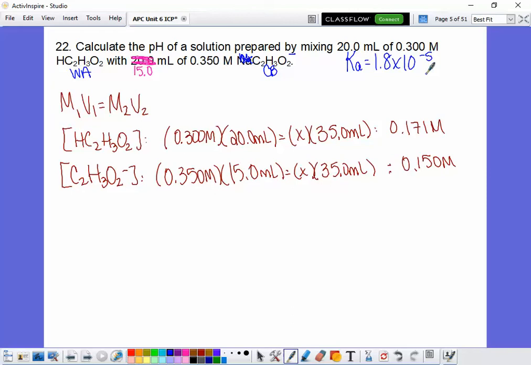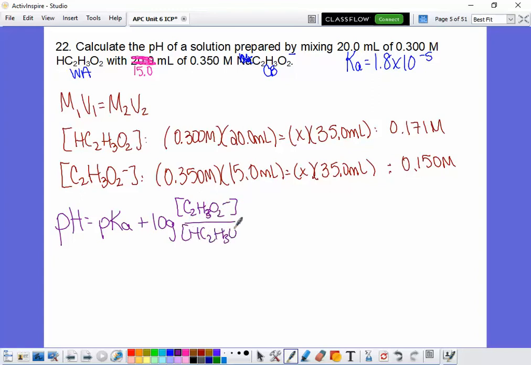All right, so now we're ready to plug this into our formula. pH equals pKa plus log of the acetate ion over acetic acid. So pH equals, what's our pKa?